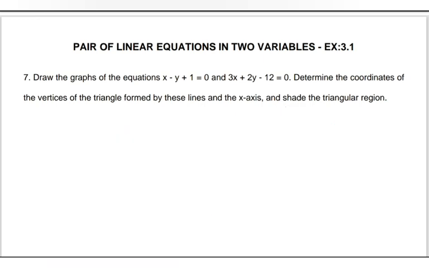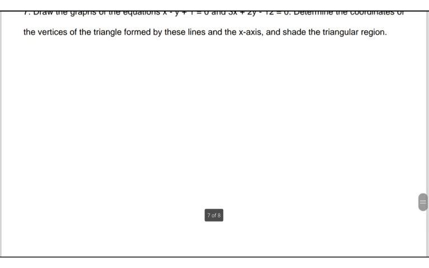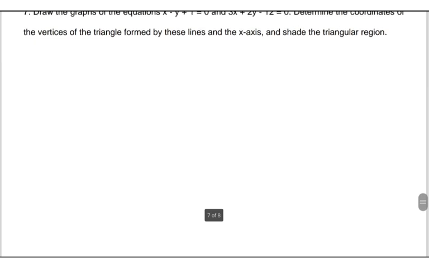Now let's try to plot the graph. I am just drawing it roughly. You can try it in your graph sheet, and I will also be attaching a graph with the seventh answer, so you can check it out. Okay, let's see the graph. For any graph you should draw the axes like this.